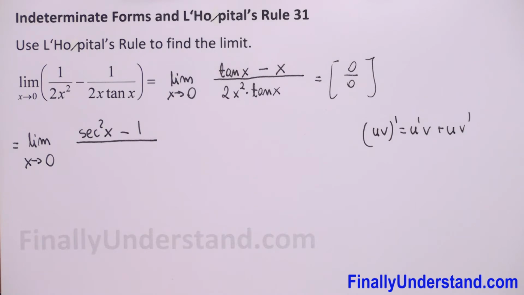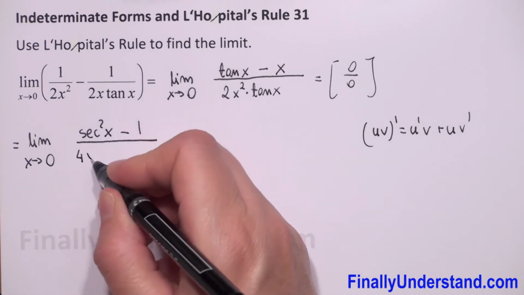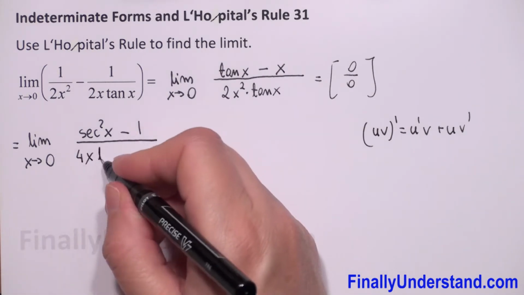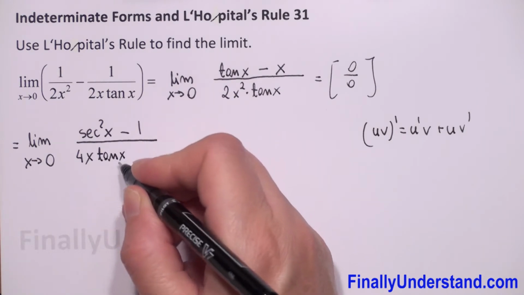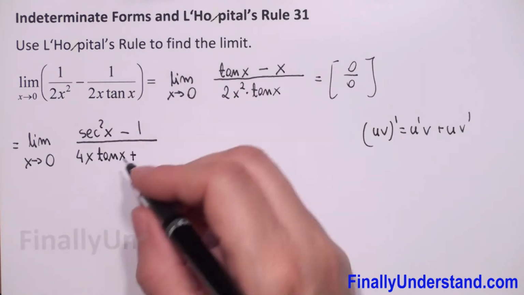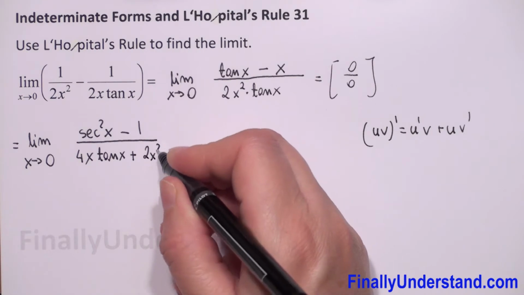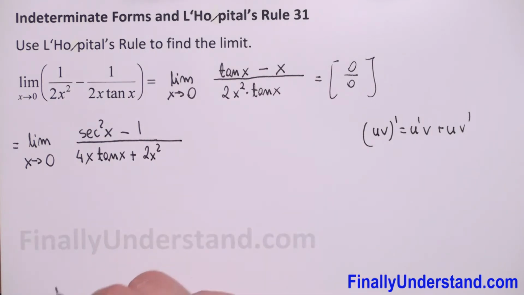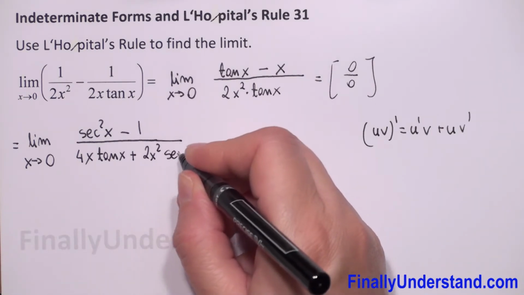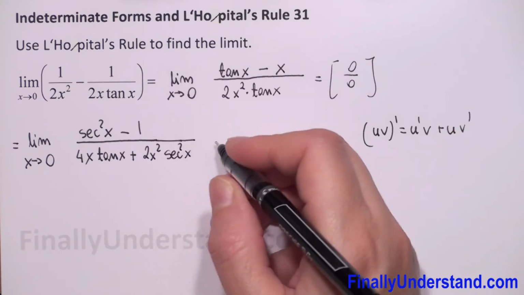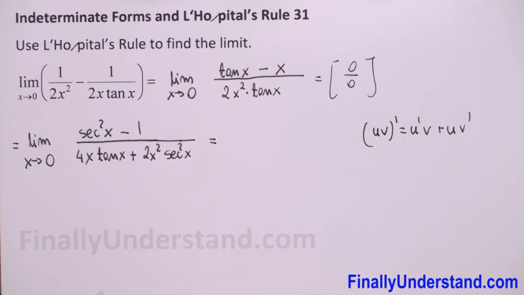So the derivative of 2x squared is 4x times tangent of x plus, now we have to copy 2x squared, and the derivative of tangent is secant square of x. So this is equal. Let's check what will be now when we substitute x's by 0.